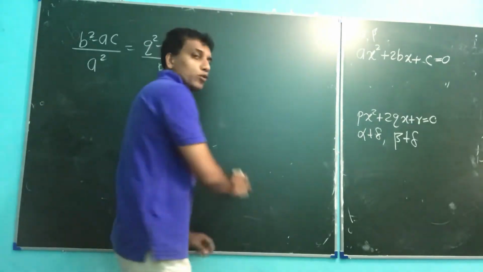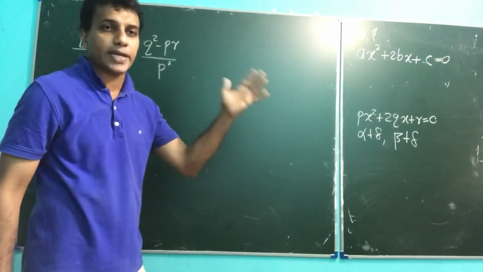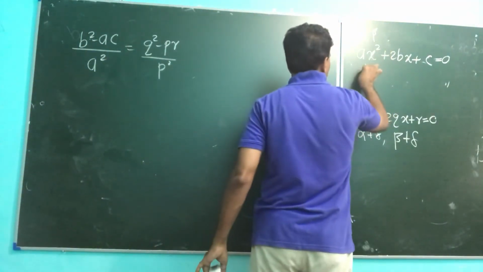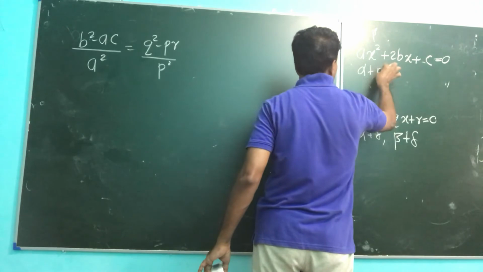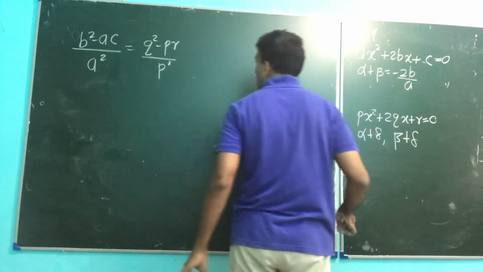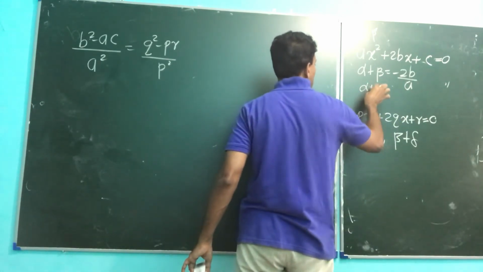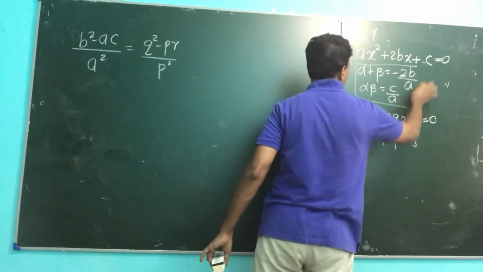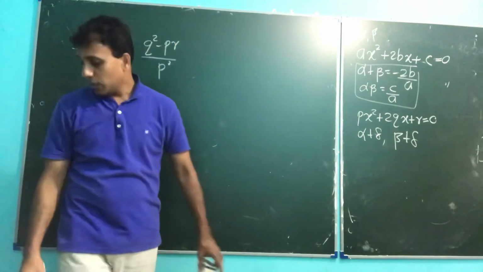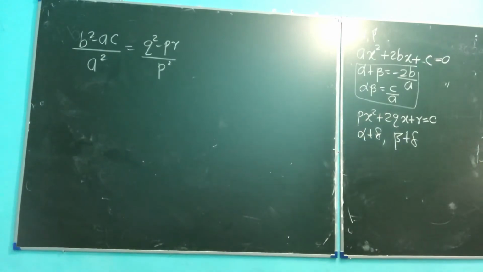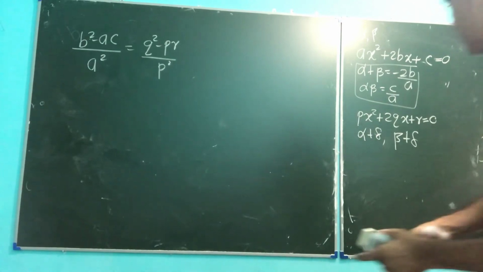Where the roots are provided, very first you should write what the summation is and what the product is. Therefore you write alpha plus beta is minus b over a, and alpha into beta is c over a, for the former equation. Try the other one, find the other summation.